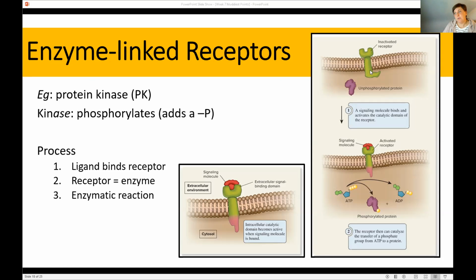So we have this receptor. Once we have our ligand or signal bound to the receptor, that basically activates that enzyme. So you'll notice here it's green, but when it's activated, it's pink. It's like glowing. It's on. It's an enzyme. Okay. And again, that enzyme phosphorylates.